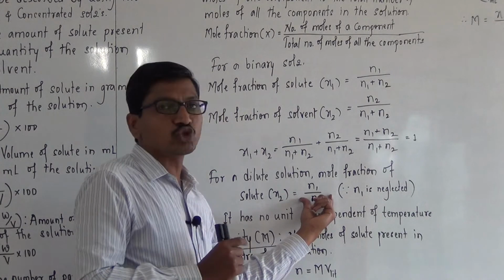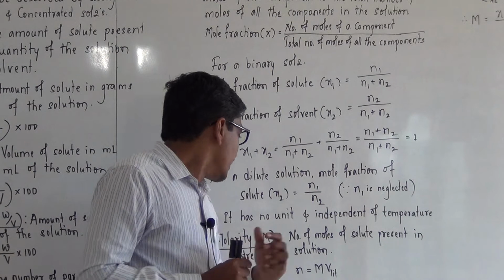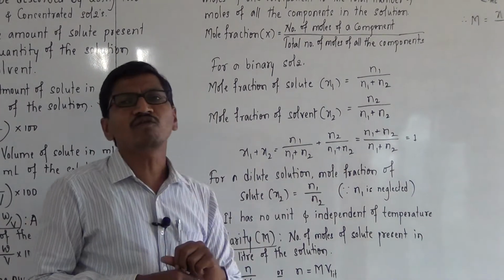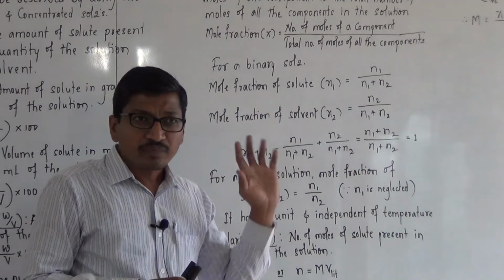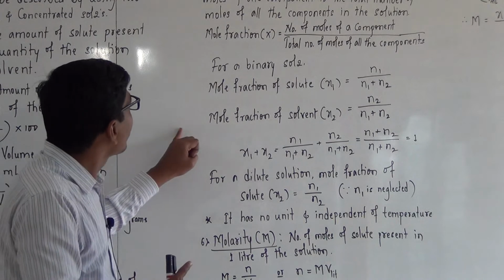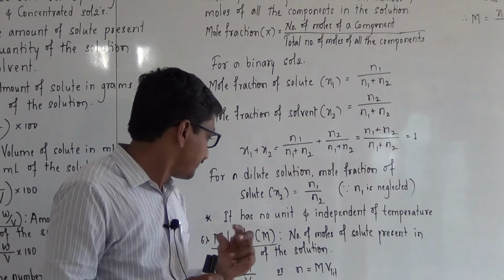For a dilute solution, the mole fraction of solute is N1 by N2, and it has no unit and is independent of temperature. Mass percentage and mole fraction are independent of temperature.